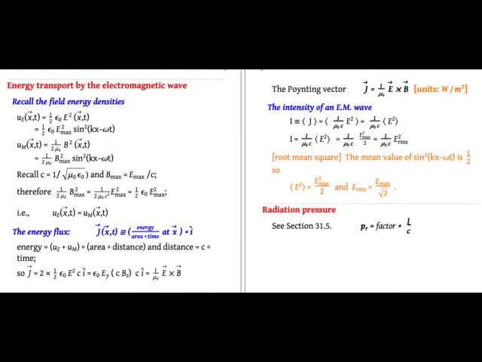Well, we've seen an example of an electromagnetic wave. That's not the most general example. That example had the wave propagating in the x direction, the electric field oscillating in the y direction, and the magnetic field oscillating in the z direction.